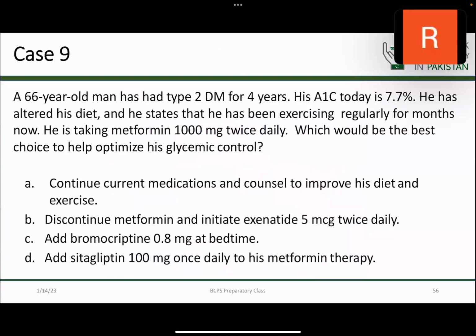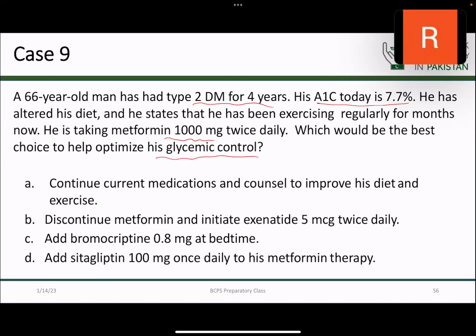So this is another case: a 66-year-old man, type 2 diabetes for 4 years, A1C today is 7.7. He has altered his diet and states that he has been exercising regularly for months. He's taking metformin. Which would be the best choice to help optimize his glycemic control?